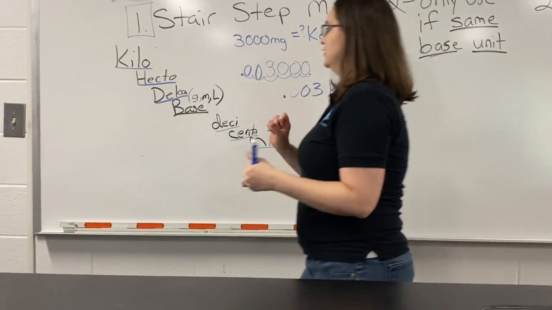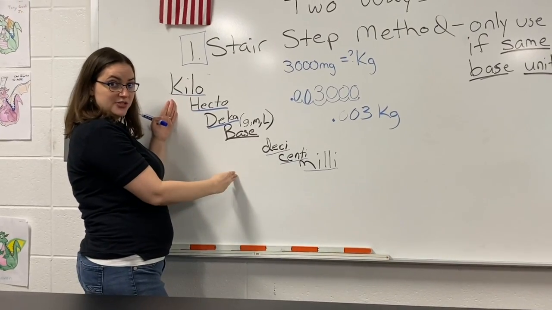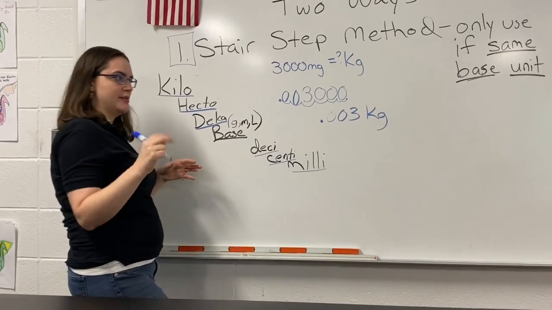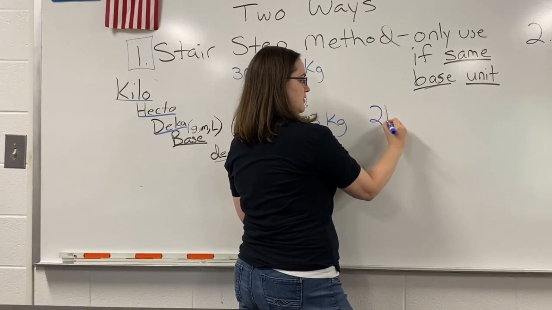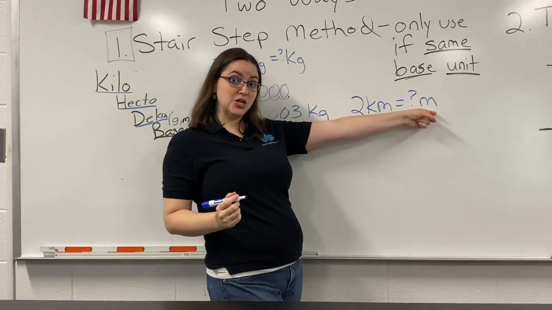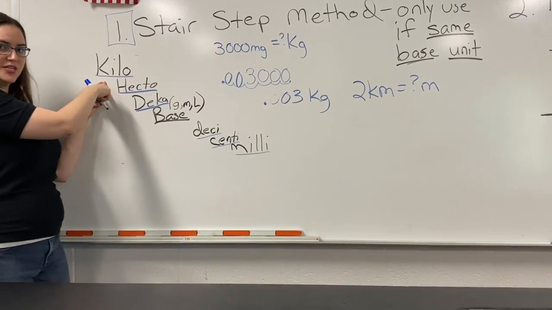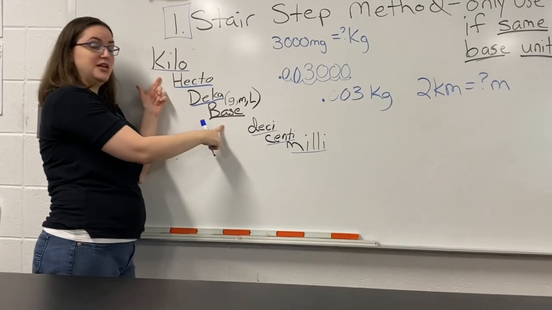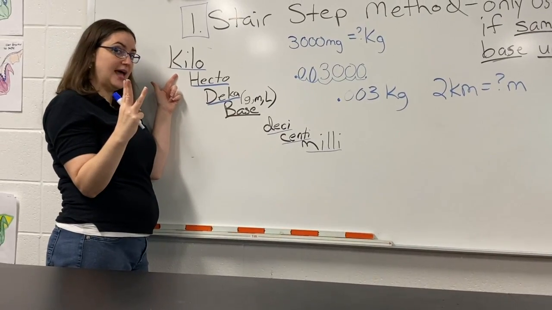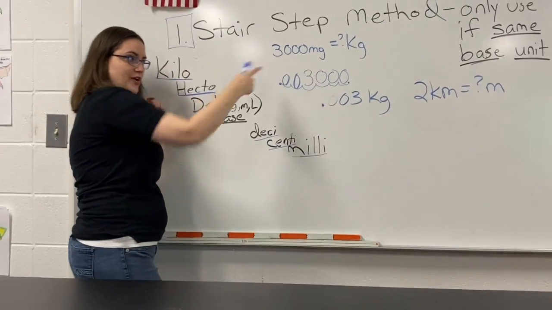What about if we were going in the other direction? Let's say we want to go from kilometers to meters. If we had 2 kilometers, how many meters does that give us? We go back to our stair step. Here's kilo, and we want to go down to meters, our base unit. So we're going to go 1, 2, 3. That's 3 steps, and since we're going from kilo to our base unit, we're going in that direction.